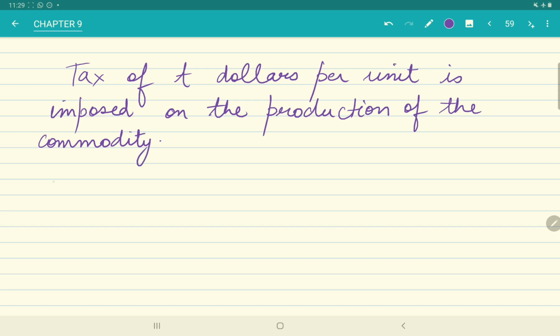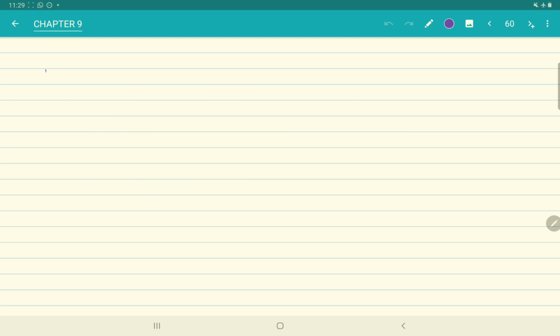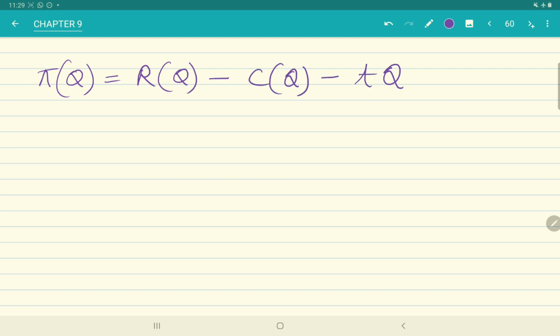So the profit function would be, if this is the tax imposed on the production of the commodity, $T per unit, our cost function would be this plus TQ. This would be my new cost function. And that means my profit function would be R of Q minus C of Q minus TQ.